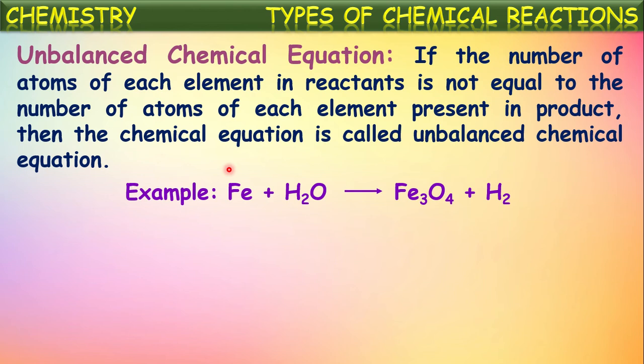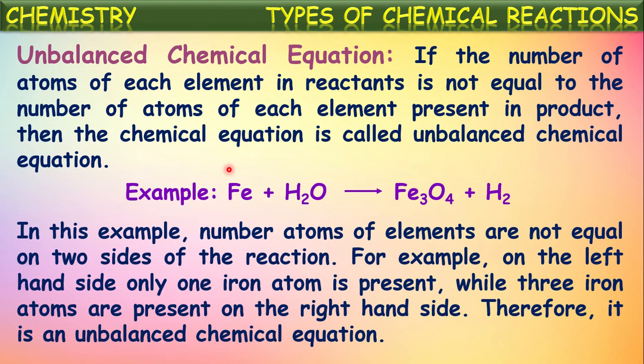A skeleton equation simply represents the chemicals reacting and the chemicals formed, but is not quantitatively correct. Those equations are called unbalanced equations or skeleton equations. So in this example, the number of atoms of elements are not equal on the two sides of the equation or reaction.